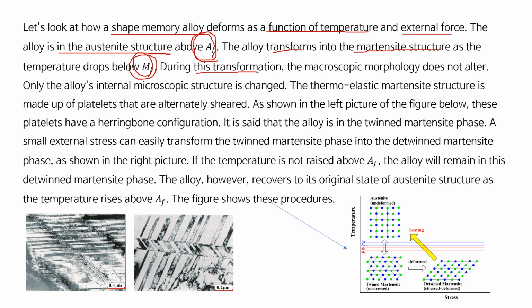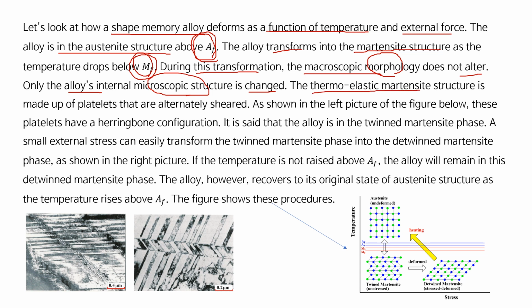During this transformation, the macroscopic morphology does not alter. Only the alloy's internal microscopic structure is changed. So we cannot see any structure change in the macroscopic view, but in the inside microscopic view, we can see the structural change inside the alloy.